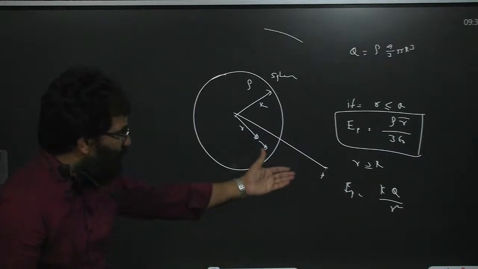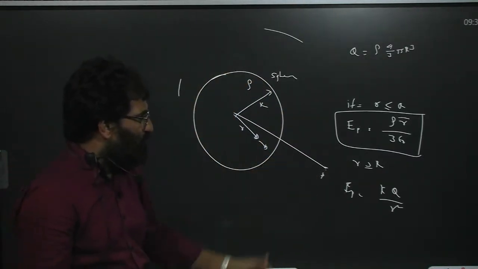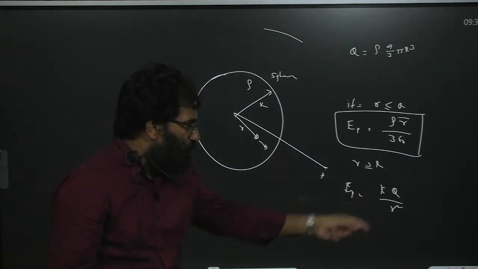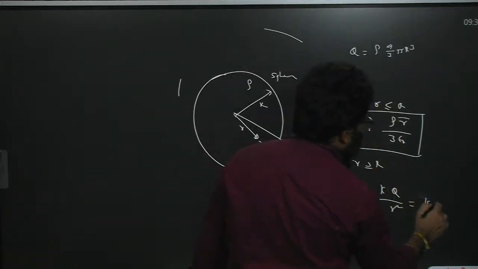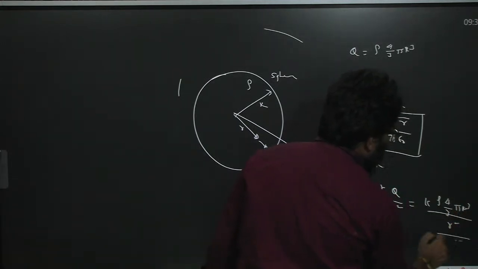When we are going outside, the field lines appear to come from the center only, to a person standing at this point. So the field is K Q by r square. Substitute K and Q: rho 4 by 3 pi R cube by r square, with K equal to 1 by 4 pi epsilon naught.